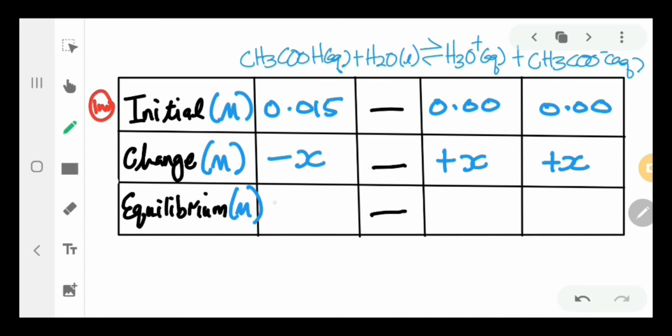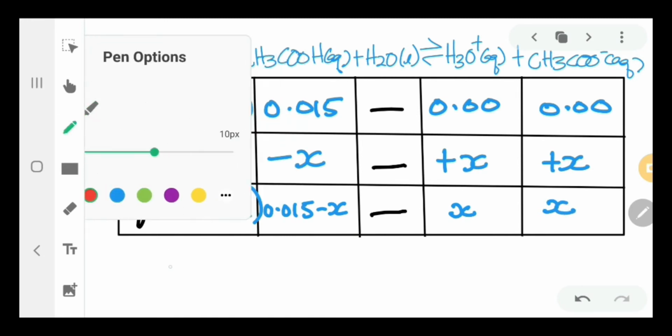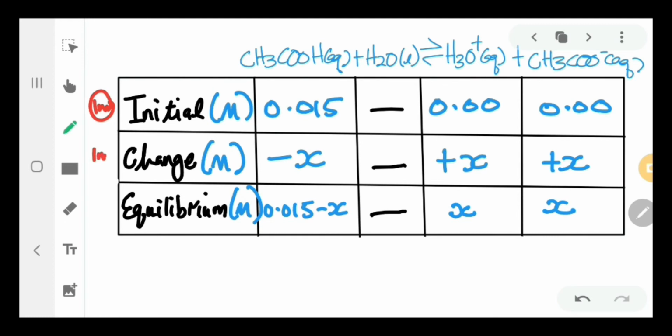So at equilibrium, we have 0.015 minus X, X, and X. You'll get 1 mark for that section.